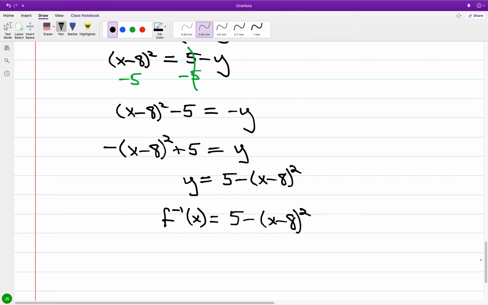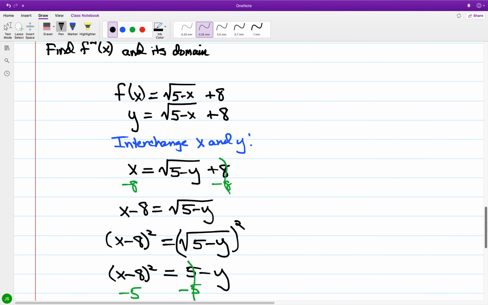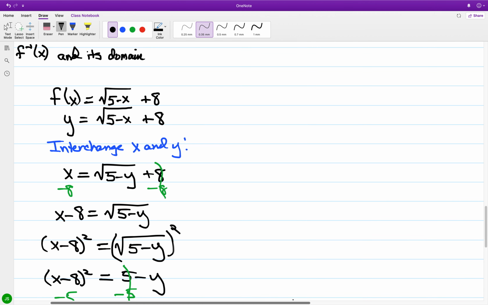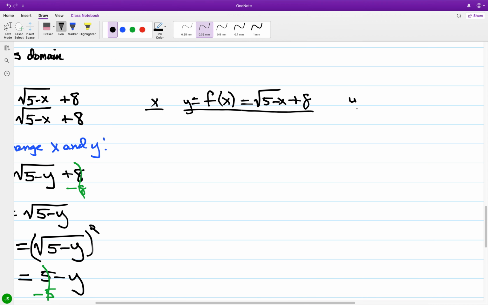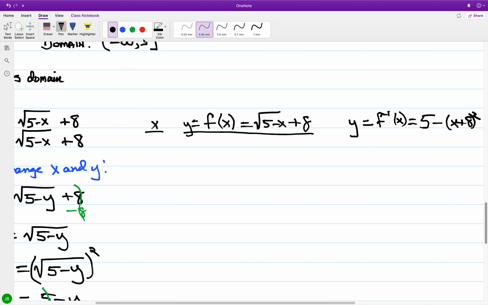Now in comparing what we have for f of x, equal to the square root of 5 minus x plus 8, we have y equal to the inverse function of x, and that was equal to 5 minus the square of x minus 8.